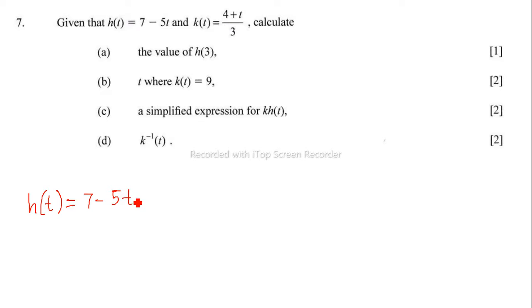Now the slope here is definitely going to be equal to, remember the slope is always the number in front of the letter. So that's what? Minus 5. Now, what is the y-intercept? 7. Good. So if we have a slope and the y-intercept, what type of function are we dealing with?